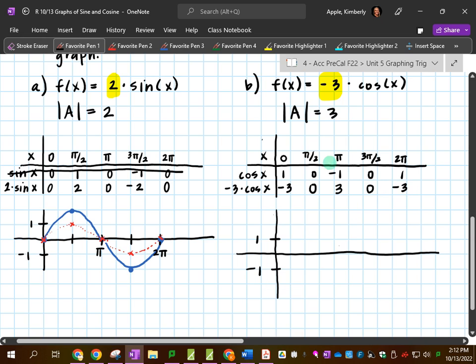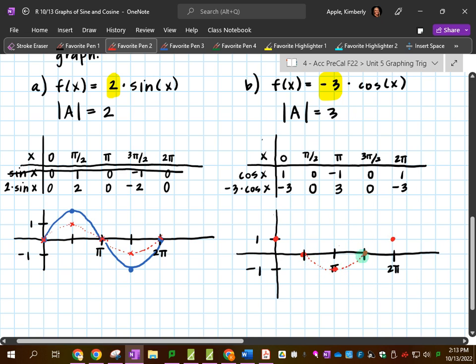So let's show the change on the graph again, and just like before, I'm just going to make my little tick marks. Kind of get a grasp of where pi and 2 pi are. And then in red, I'm going to do the original values. That'll be here, cosine, cosine, cosine, cosine.